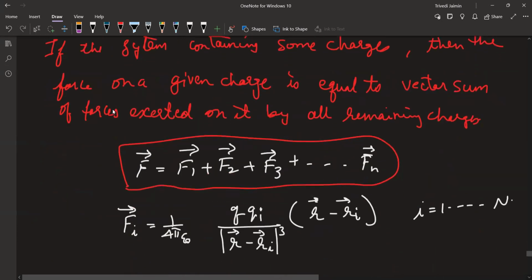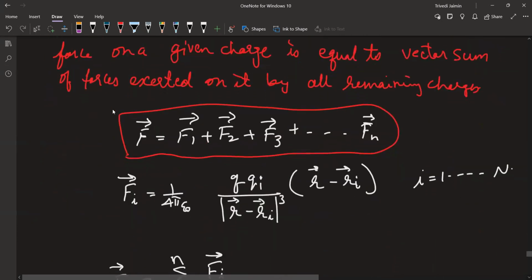So Q1 by R minus R1 cube. Same way with R minus R1. Similarly, if you find for Q2, it will be for R2. If you find for Q3, it will be for R3.